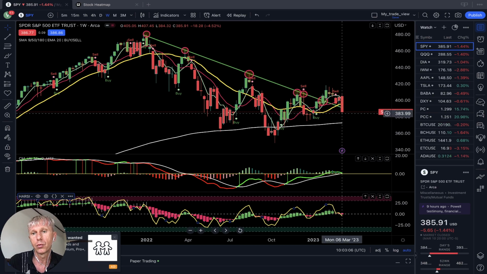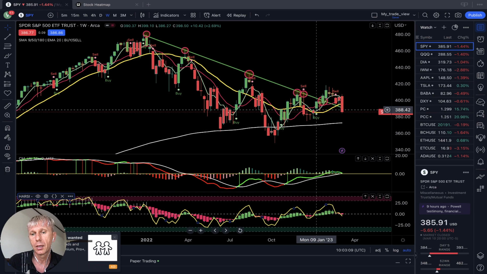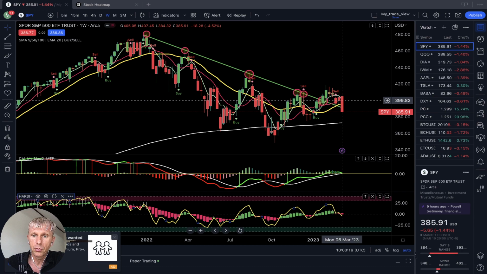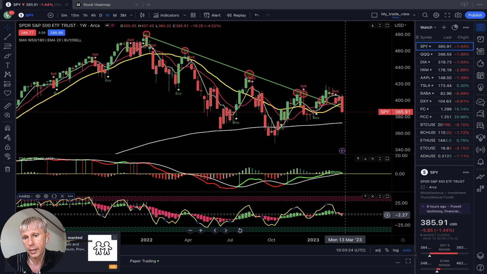This week removed everything up to the beginning of January. MA5 made a bearish crossover over 10, bearish trend. MACD bearish crossover, bearish. RSI bearish crossover over the zero line, and Heikin Ashi switched from green to red.